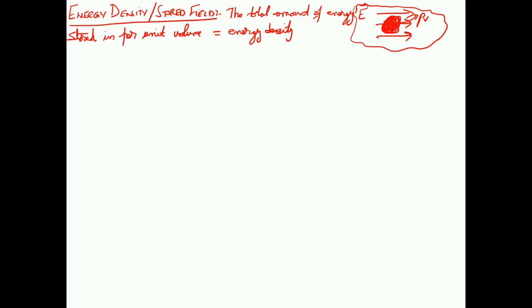So this defines the energy density, and we are going to use this concept and relate it to the energy storage inside the field. The energy density and energy storage will be used interchangeably.